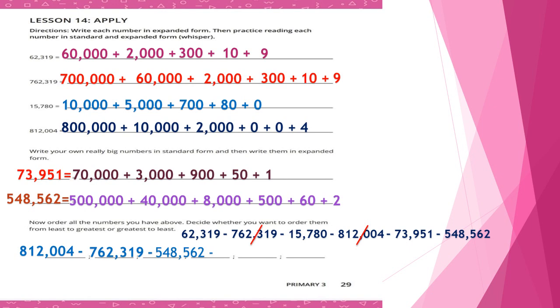Which is the greatest, 6 or 1 or 7? Yes, 7. So we write 73,951 and cancel it. We have here 6 in 10,000, 1 in 10,000. The greatest is 6, so we write 62,319 and cancel it. The last number, 15,780.